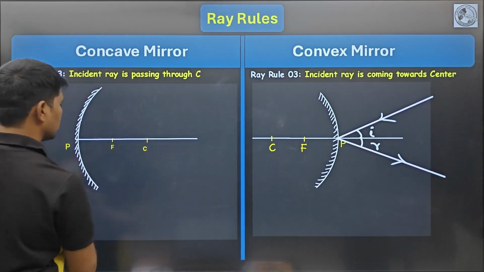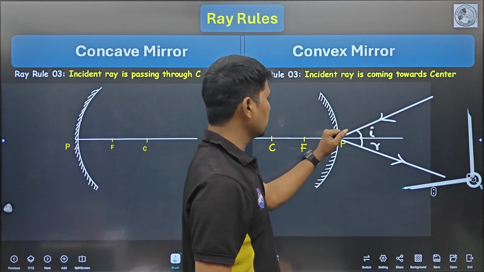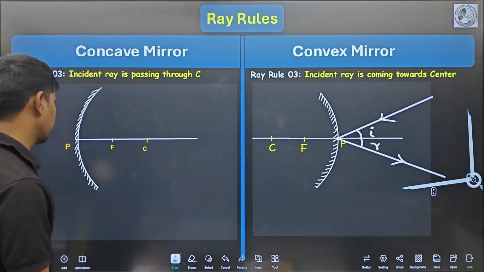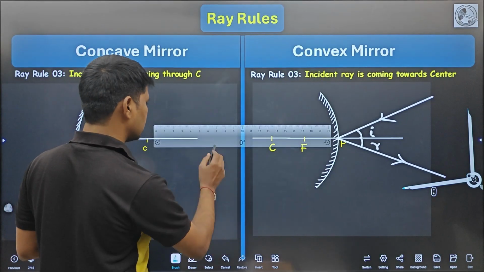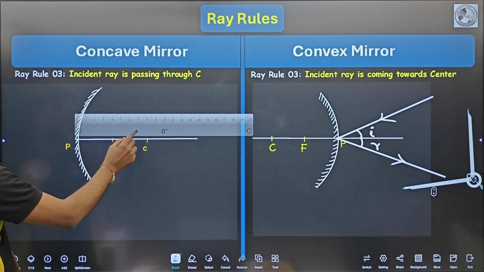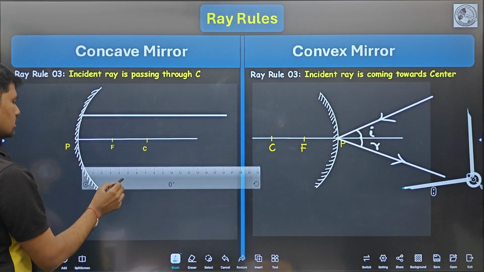If the object is at infinity, we get parallel rays.